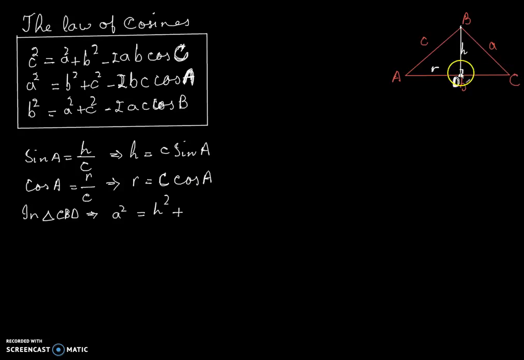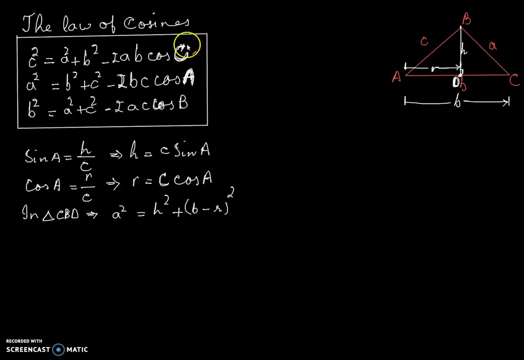So this distance would be, the whole thing is B, and this is R. So this distance would be B minus R. So A squared equals H squared plus B minus R whole squared.